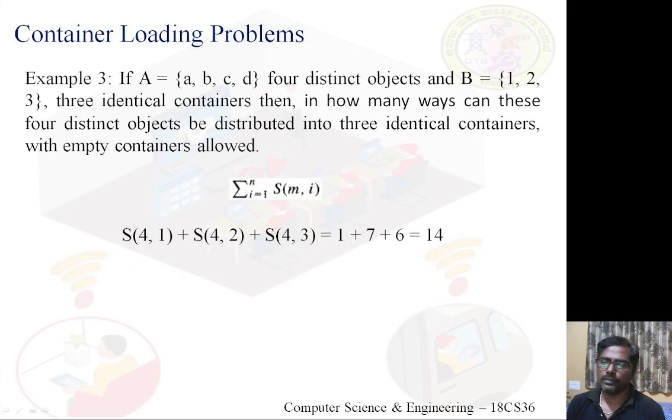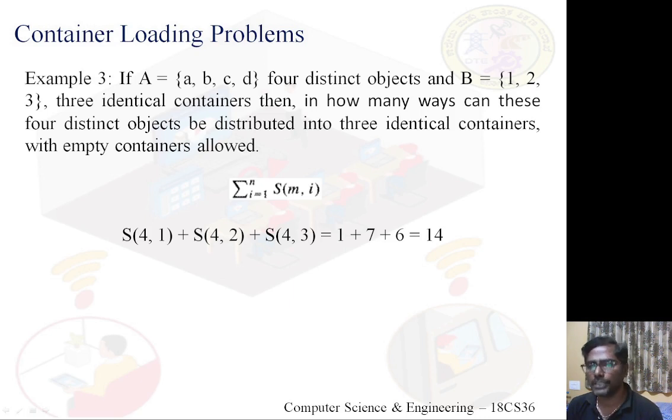So now, let me have a look at one more example for case 3 of container loading problems. Set A consists of 4 elements A, B, C, D, which represents 4 distinct objects.